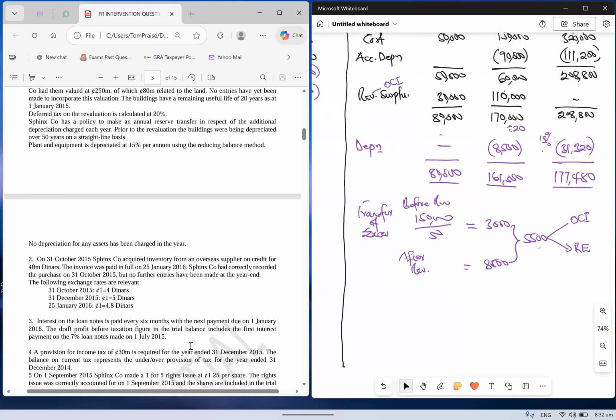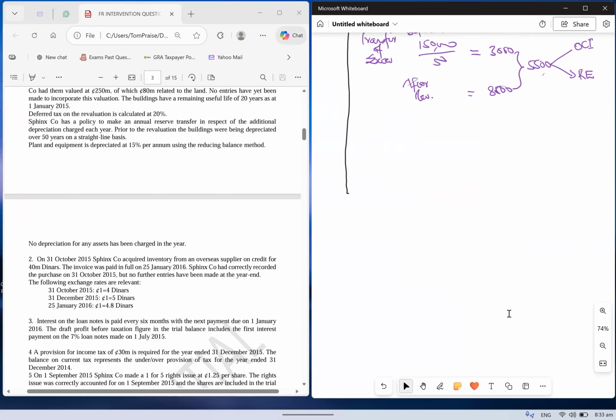Note 2 is also about IAS 21. So workings 2. What does IAS 21 say? It says simply that if you do a transaction, the transaction must be posted at spot rates.